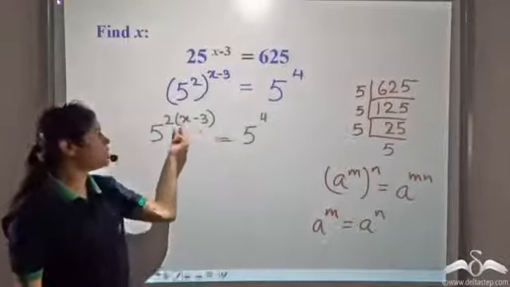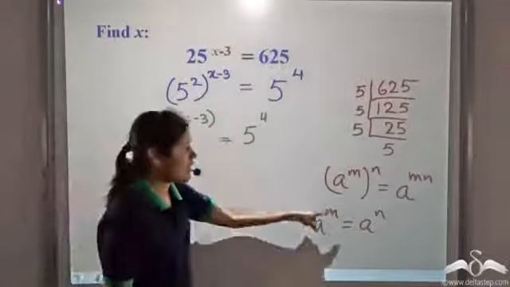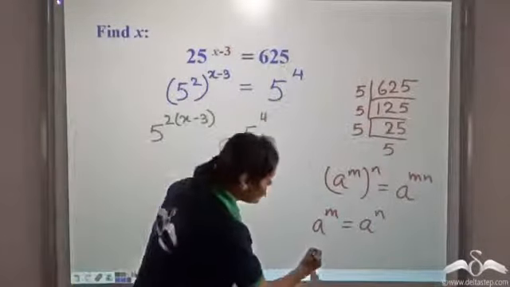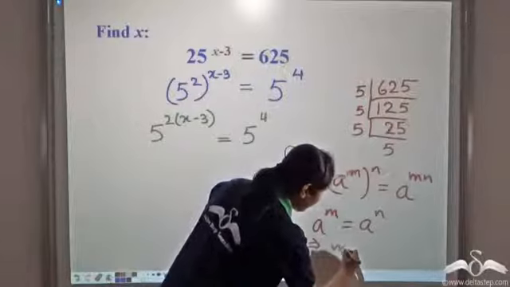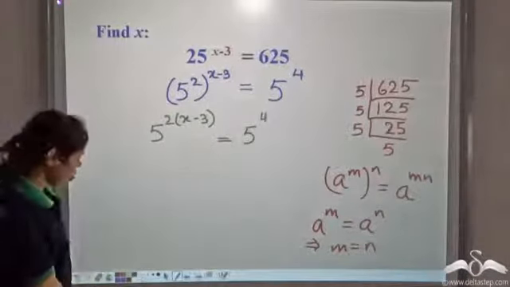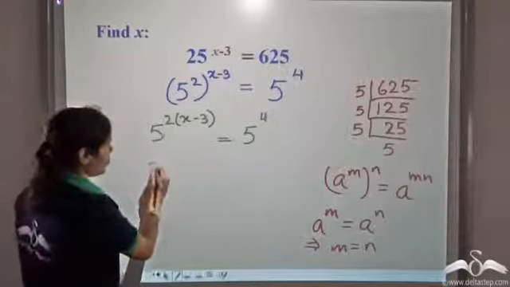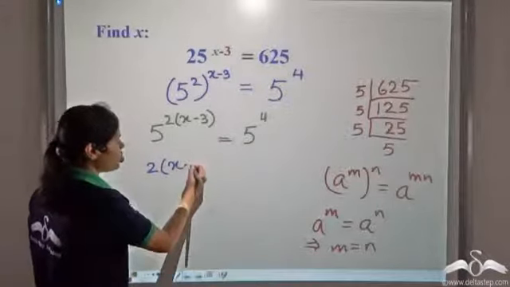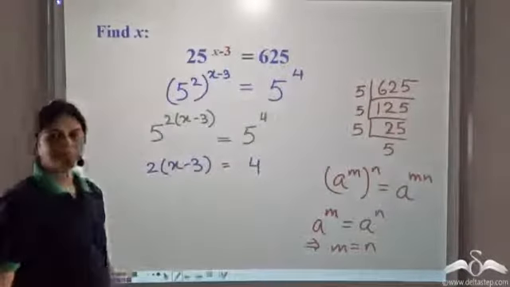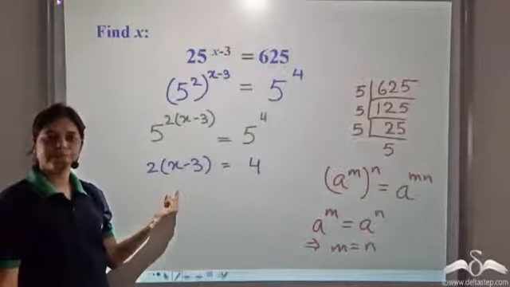M is equal to 2x minus 3. N is equal to 4. So we can say that m is equal to n. So let's write this as 2 into x minus 3 is equal to 4.